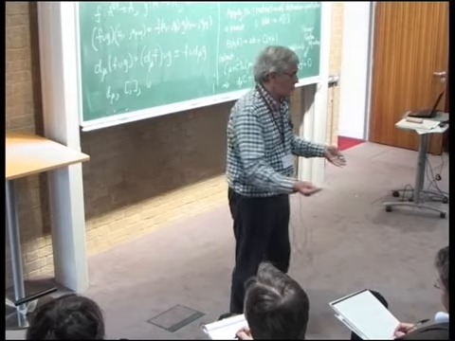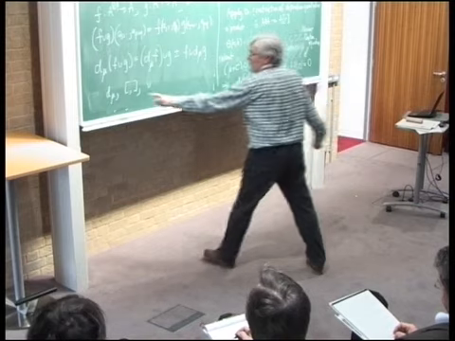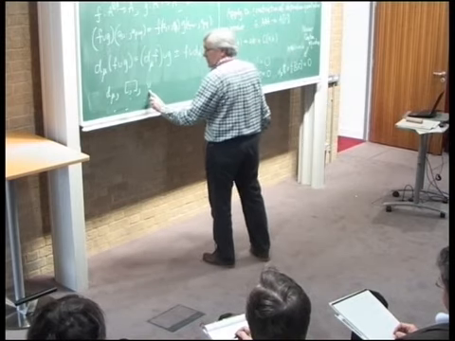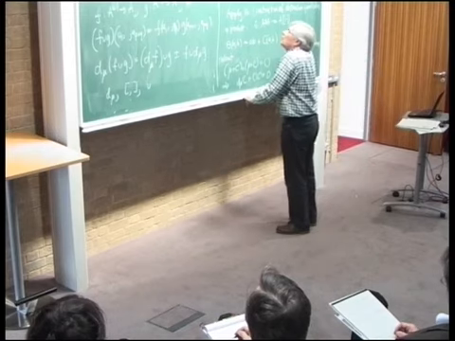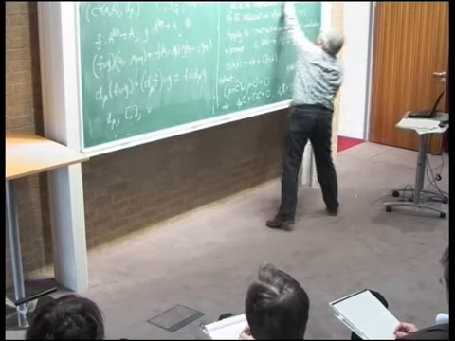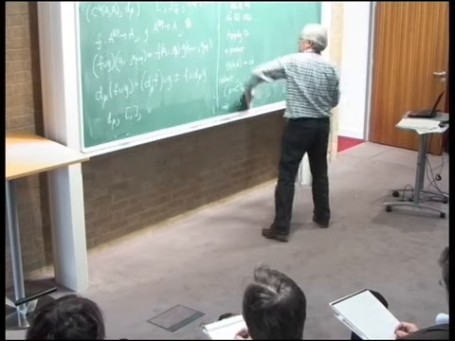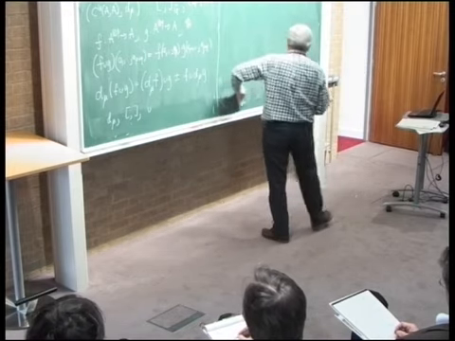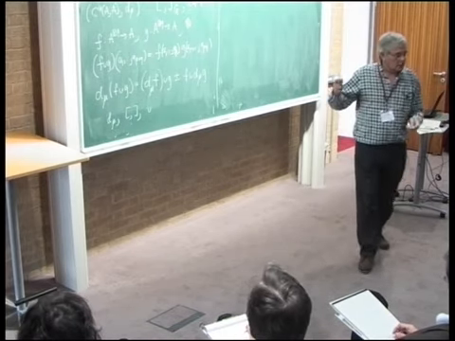What are the structural relations between these? D is a derivation of this, D is a derivation of that. And the Deligne conjecture gives you an answer to this.